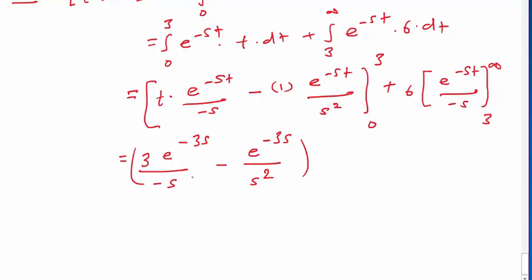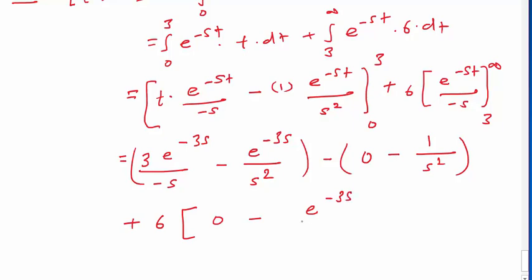This is my upper limit minus lower limit. So when I put 0 in place of t, this first term will be 0 minus e power 0 is 1 upon s square. Then this second half is 6 times, when I put infinity, e power minus infinity is 0 minus e power minus 3s upon minus s.